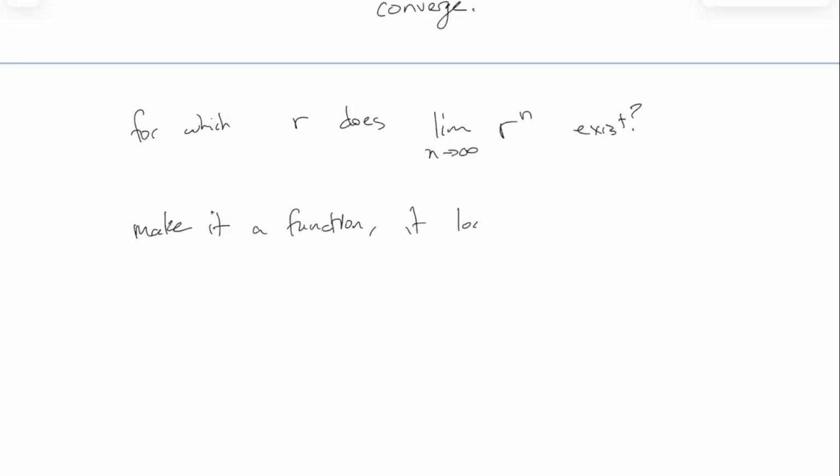It looks like f of x equals r to the power x. And we have talked about this function many times. Usually I write it as a to the x, but this is just some exponential function that's not necessarily the natural e to the x, but some other base to the x. And can anybody refresh my memory? What does that graph look like?